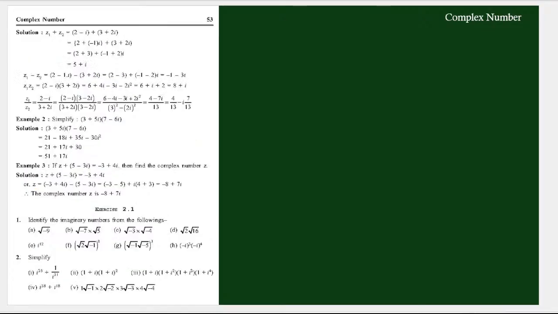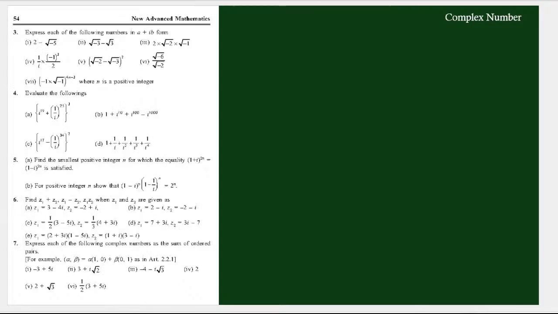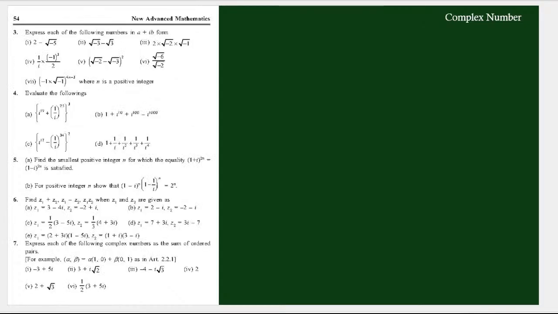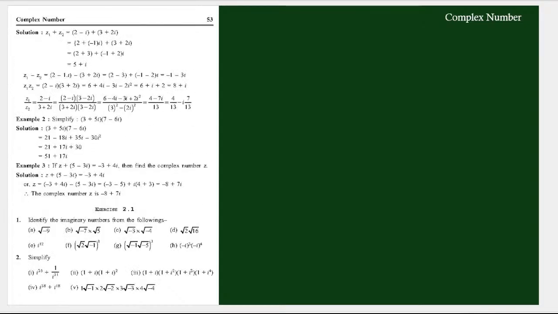Okay, we have got some examples. Then comes your exercise now. So I think this exercise you can try by yourself. Number one is identify. You can identify which one is imaginary and which one is real. Okay.